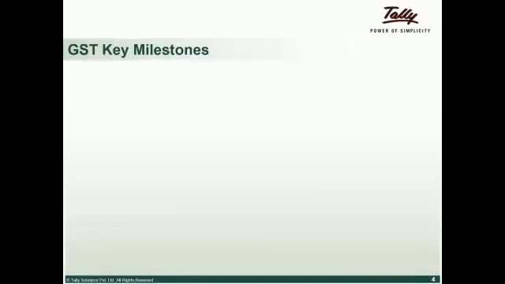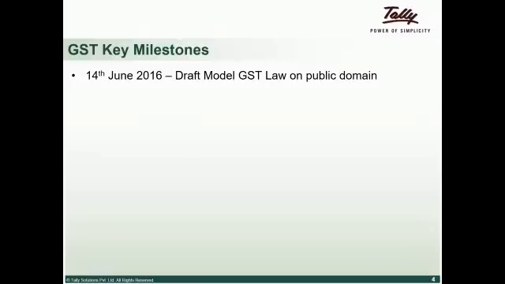So what are the key milestones of GST? One, we spoke about Amendment 122. On 14th of June the draft model law was made available in the public domain, and the intent is that tax practitioners, tax experts and businesses will go through the model law and understand what their implementation challenges and difficulties will be.